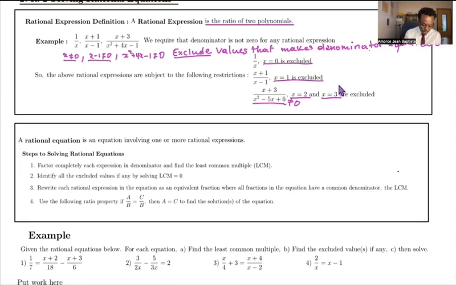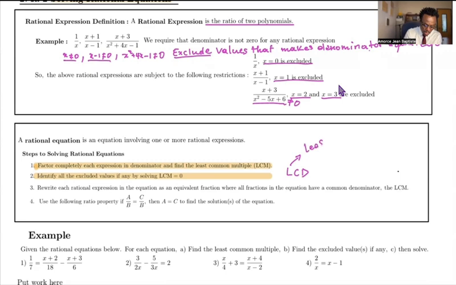So let's see what the steps are when solving a rational equation. Step number one is you need to factor completely all the denominators, because when you want to find the LCD, the best way is to make sure that the expression is completely factored. Next, you identify the LCD, the least common denominator, also called the LCM, the least common multiple.